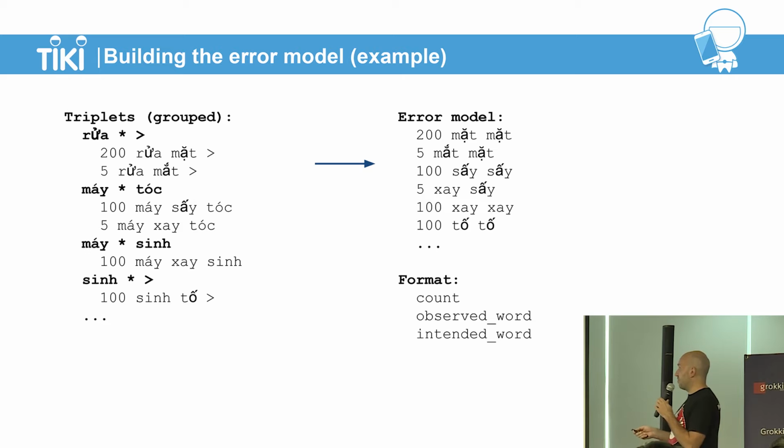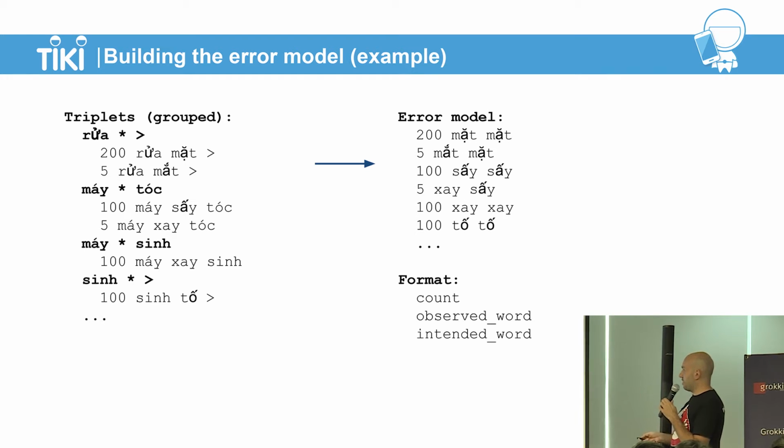Okay, so this is basically how we build our error model. Out of this grouping, we can write down that 200 times somebody written mat and they actually intended to write mat. But also 5 times it happened that somebody written mat, but they actually intended to write mat.